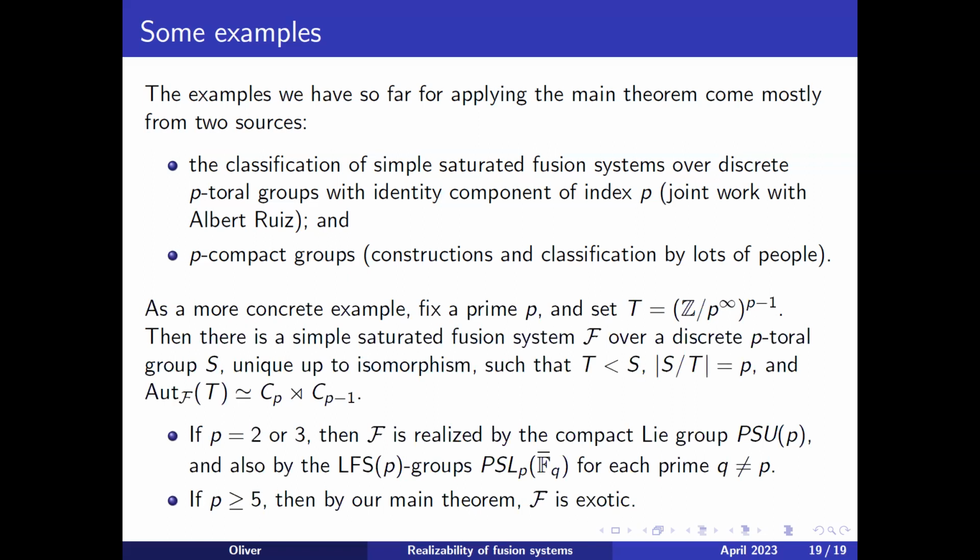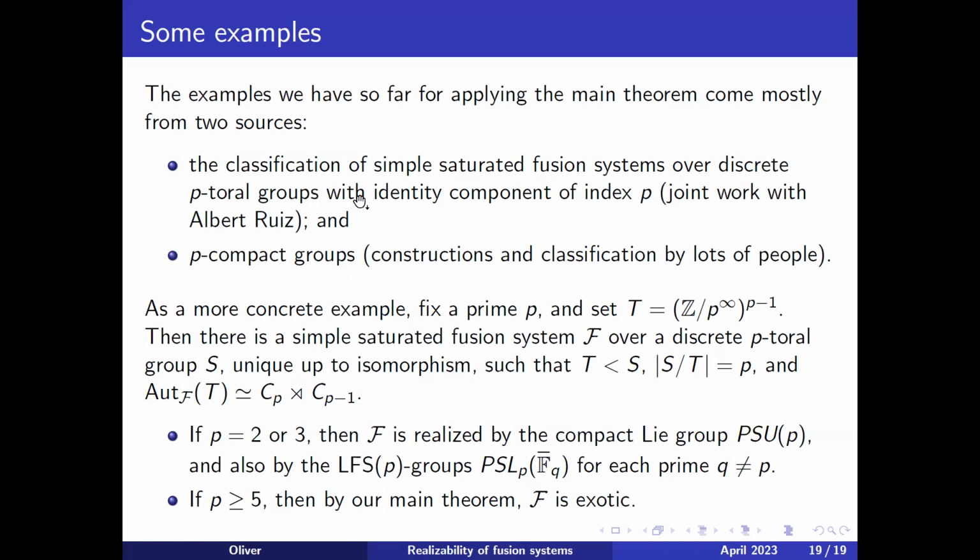But more concretely, I want to take my example from that first dot, where we're looking at a prime p, and here for now p can be any prime, even 2. Take a discrete p-torus of rank p minus 1. And now we take an extension of that by a group of order p.